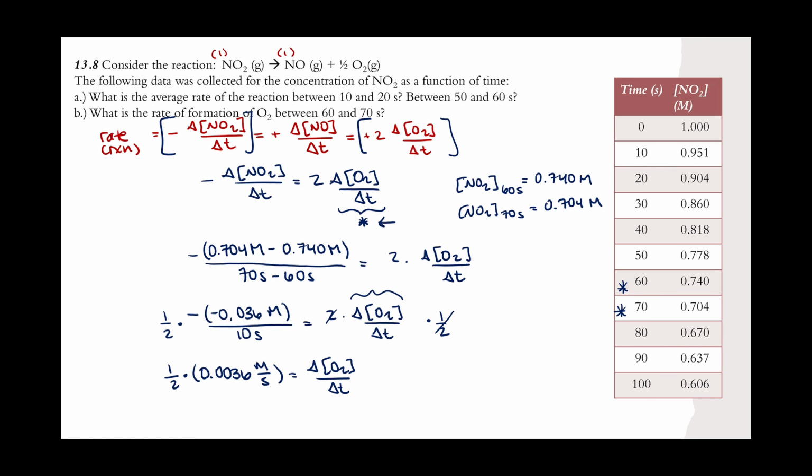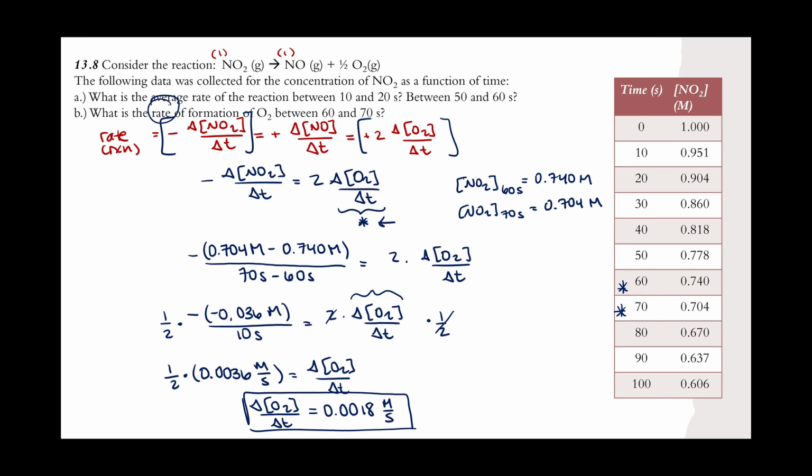Alright, and then if we just do the math over here, we can see that the rate of formation of oxygen gas between 60 and 70 seconds is equal to 0.0018 molarity per second. And that is the rate at which it is forming at that period of time. We don't have to do anything else.